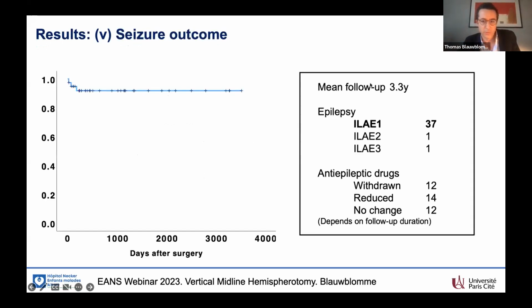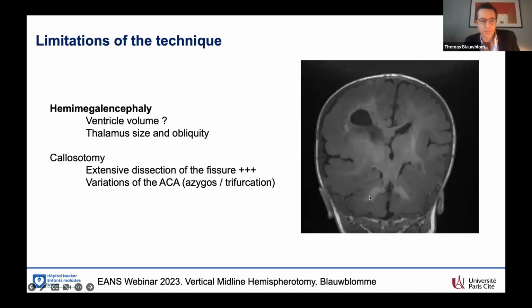So this is a follow-up: 37 cases are Engel class 1, 1 Engel class 2, and 3 Engel class 3. Half of the patients have reduced or withdrawn anti-epileptic drugs, but this is more related to the duration of follow-up than to the etiology.